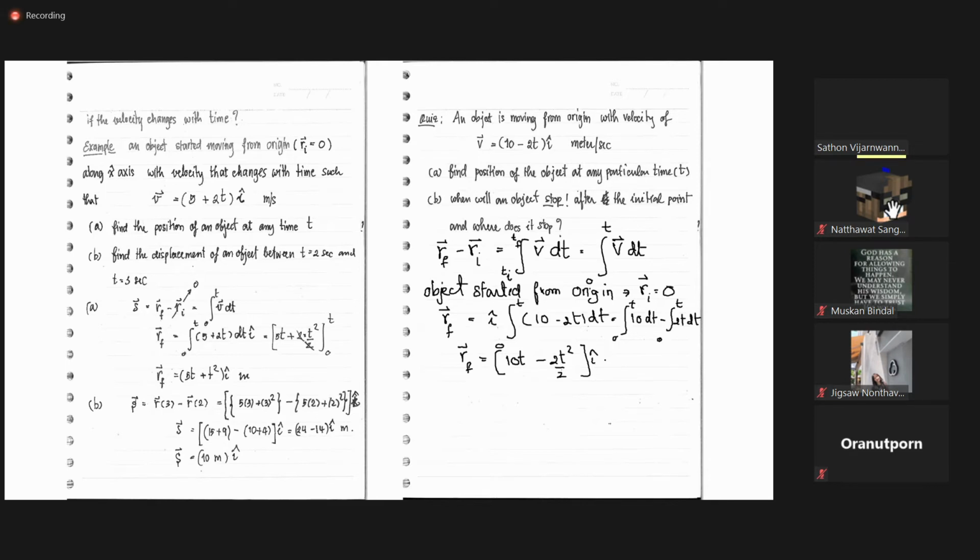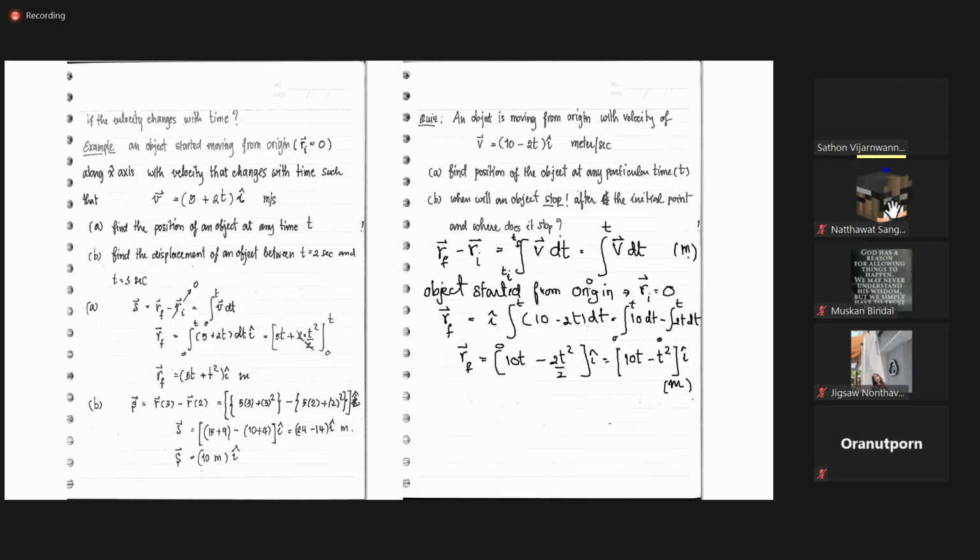So Rf is actually (10t minus t squared) i, and the unit is meters. Okay, that is the answer.